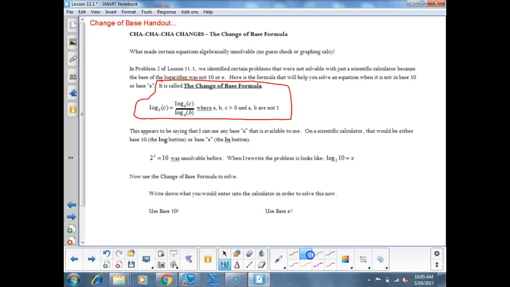The change of base formula is going to allow us to solve for any log. We can find the value of any log at any point in time. The calculators that you use are limited in their logarithmic knowledge.